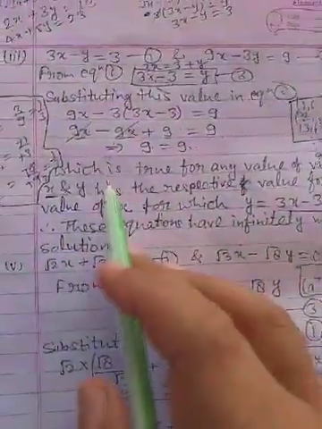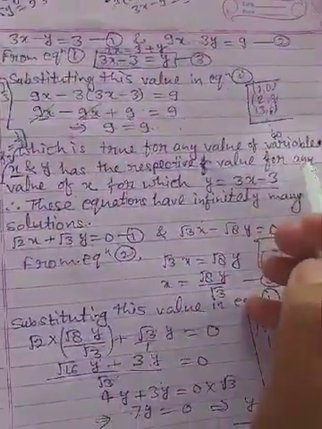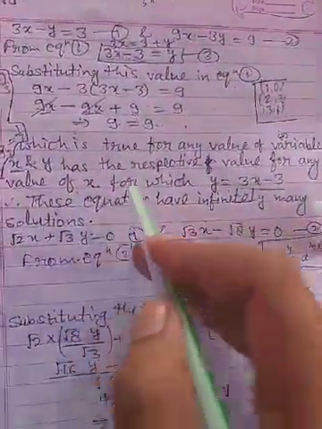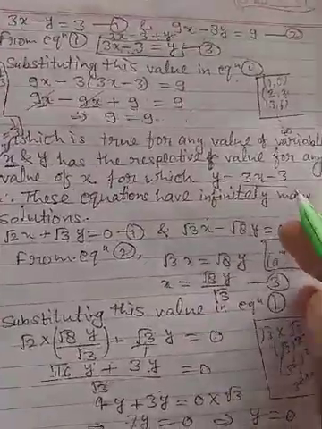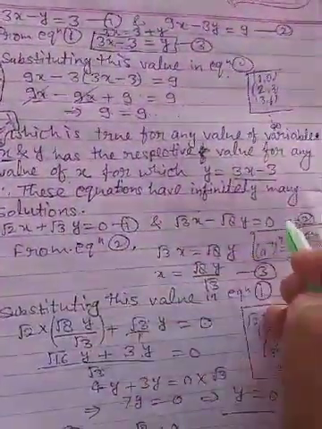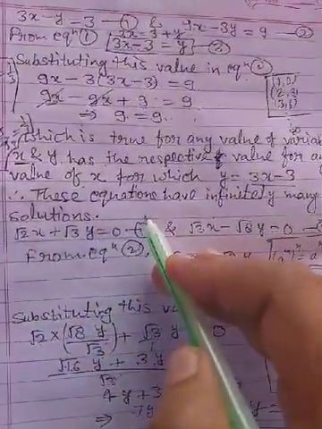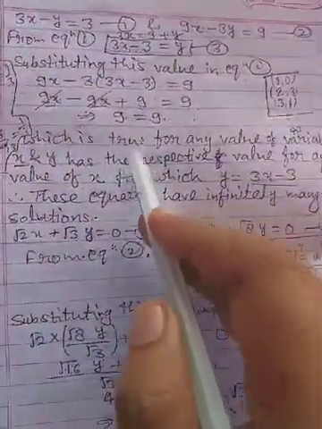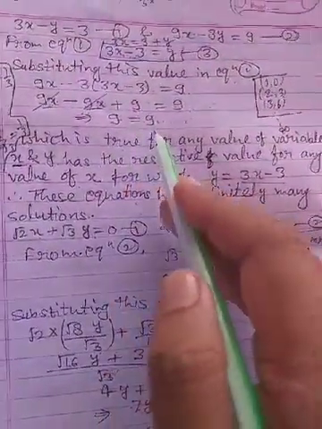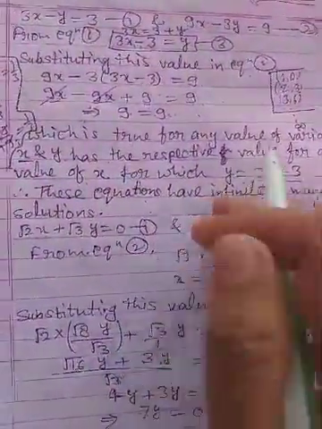Here we wrote: which is true for any value of variable x, and y has the respective value for any value of x, for which y equals 3x minus 3, means this relation is satisfied. So these equations have infinitely many solutions. Here 9 equals 9 is true, so solutions are infinite. If it is false, for example if we get 10 equal to 9, then there is no solution.